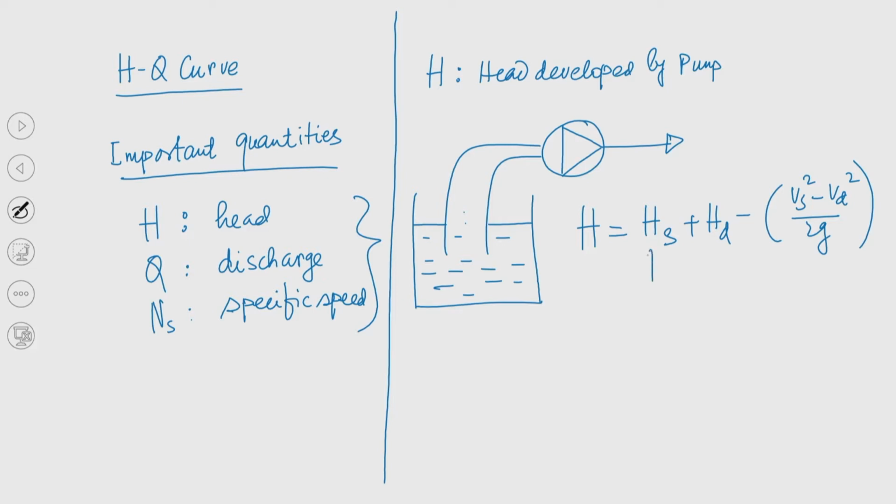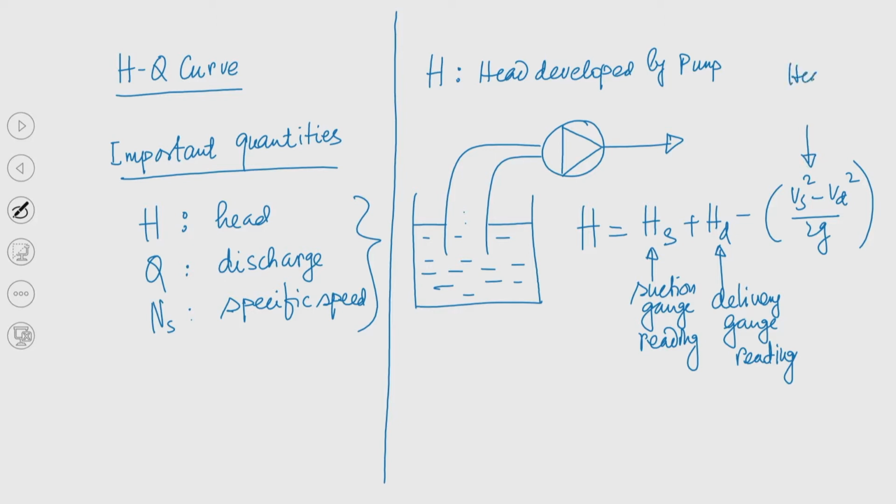This part is the suction gauge reading, I am writing again, suction gauge reading, this is the delivery gauge reading, and this last term is the head developed due to change in flow velocity. Okay. So, that is what we have discussed in the last class.